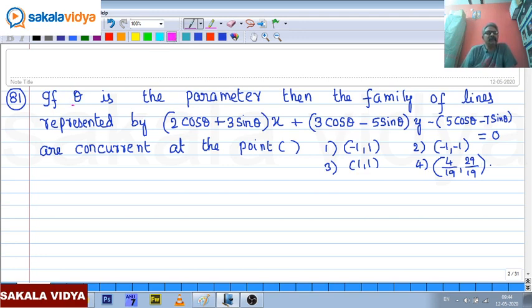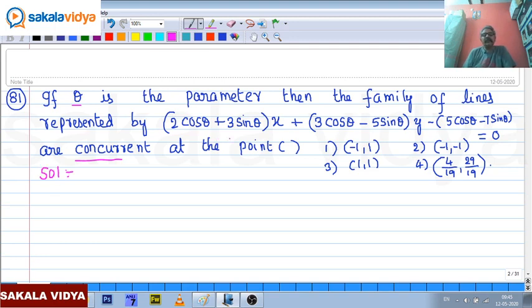Okay, if theta is the parameter, then the family of lines represented by (2 cos theta plus 3 sin theta) of x plus (3 cos theta minus 5 sin theta) of y minus (5 cos theta minus 7 sin theta) equals to 0 are concurrent. That means point of concurrence we need to find out. See the solution.